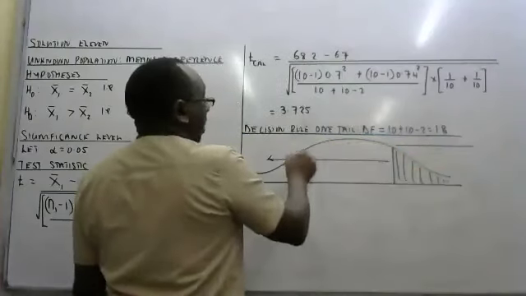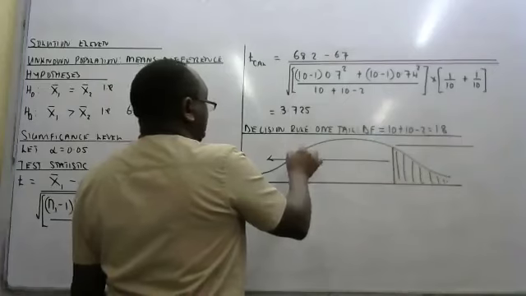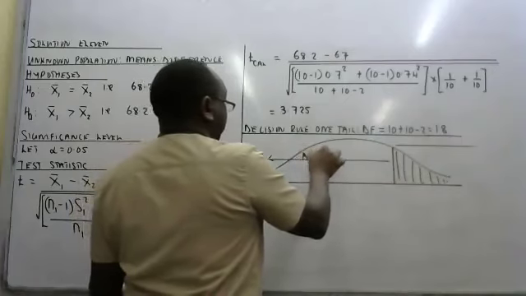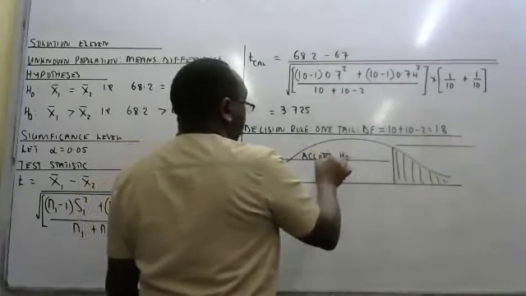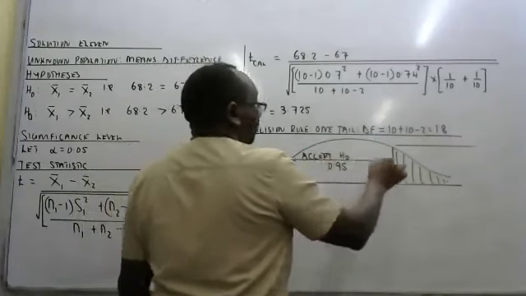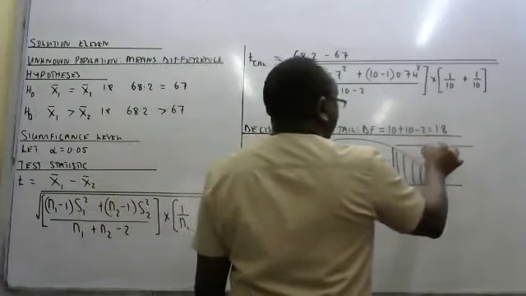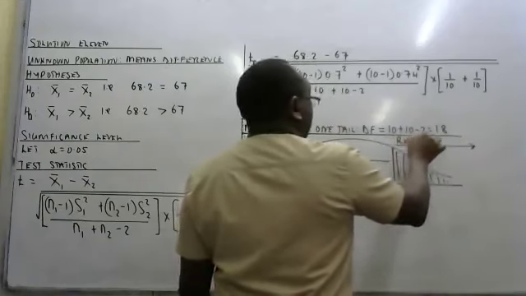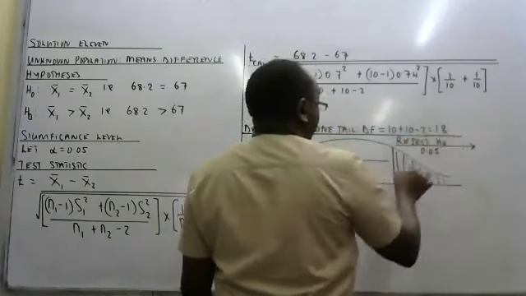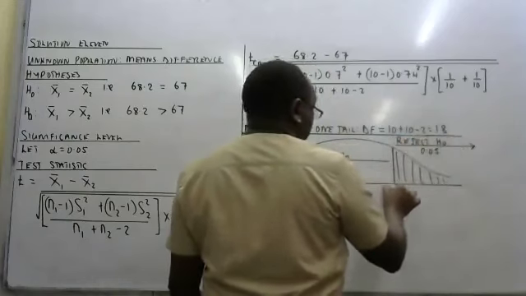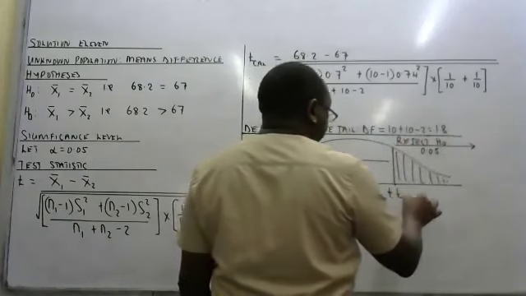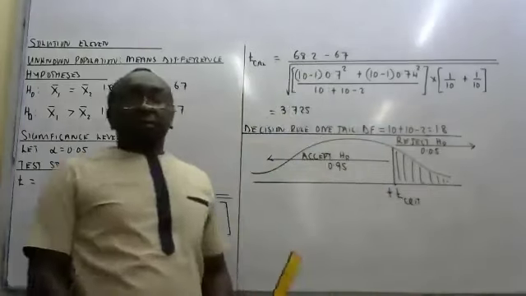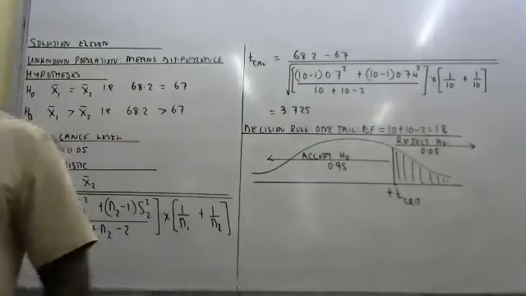So if on this side, you will say accept null, which is 0.95. This is 0.05, which we are saying we reject. We reject null. Then here we look for positive T critical.